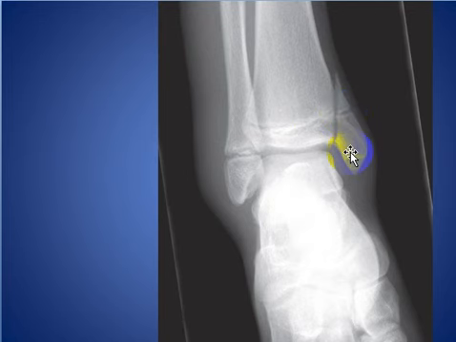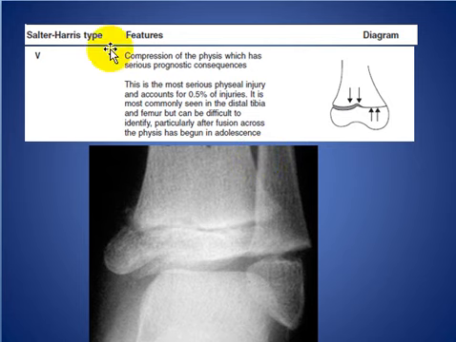This is type 4. In type 5, there is compression of the physis, which has serious prognostic consequences. This is a serious epiphyseal physeal injury, and it accounts for about 0.5% of injuries.